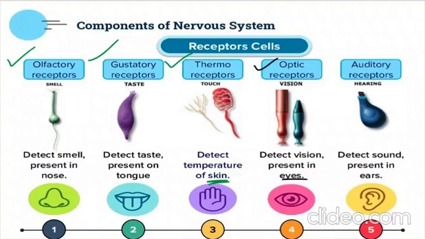And similarly, we have the auditory receptors for hearing in the ears. So these are the five: nose, olfactory; tongue, gustatory; skin, thermo; eyes, optic; and ears, auditory. These are the five receptors we have in our body.